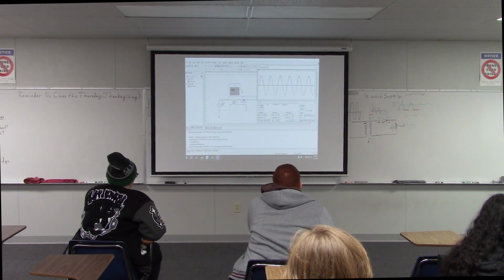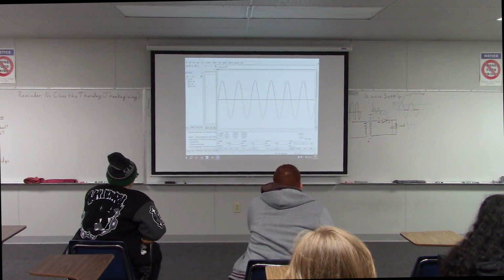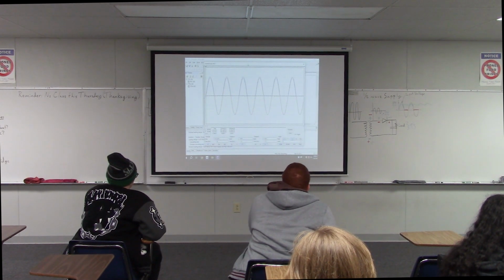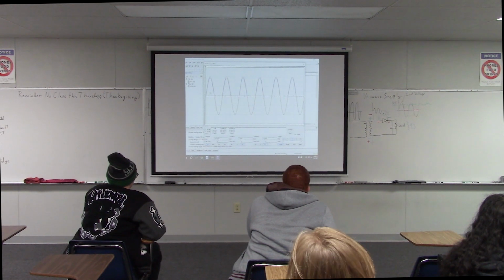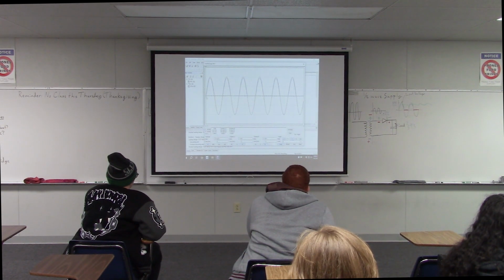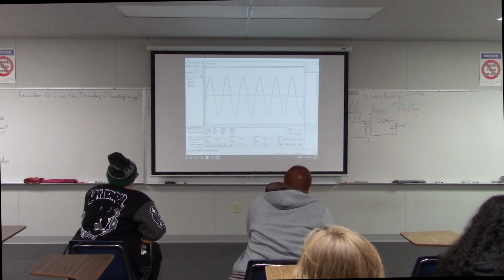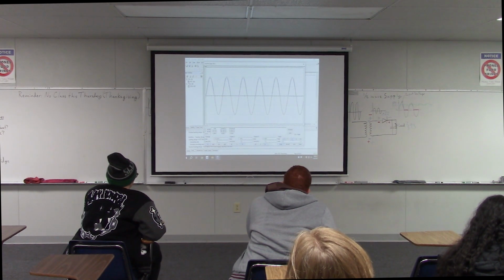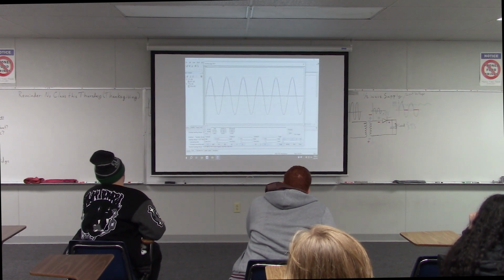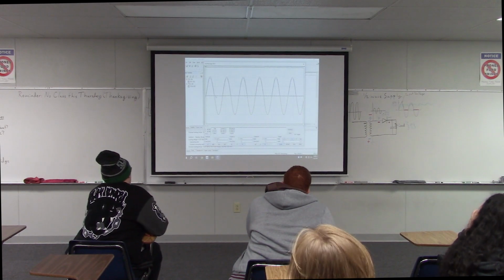We can even make this bigger if we want so we can see it more clearly. This should look kind of like what we drew on the board. We can see the red signal is the input. It's going up positive and negative. Since this is a half-wave supply, we can see that the blue signal goes positive, but when the input goes negative, the blue signal just stays at 0.